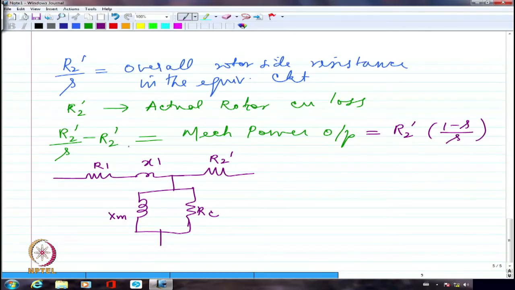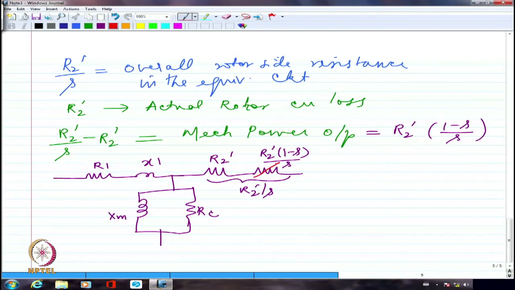This is same as that. Both these together I am having R2' by S. Originally I wrote it as R2' by S. Now both of them I have bifurcated into two different portions. That's all. And please note, this is mechanical power.